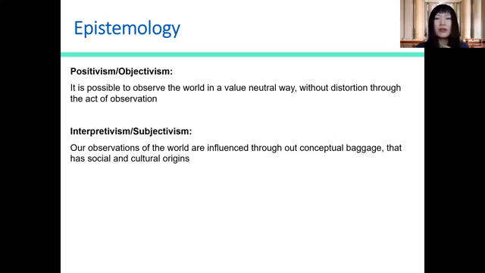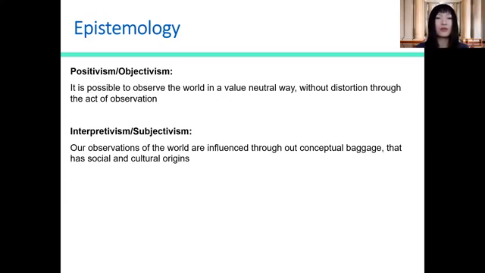So if you are an interpretivist or subjectivist, you may believe that all the interpretations and all the reality can be distorted by the interpretation of the researcher, their cultural background, their religious background, or their power condition.